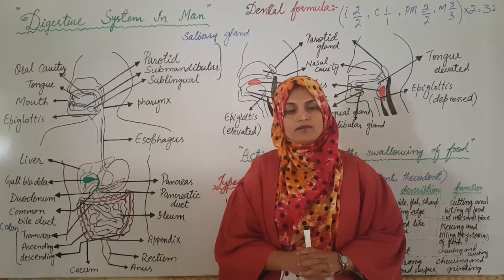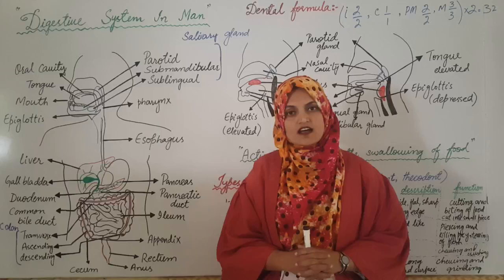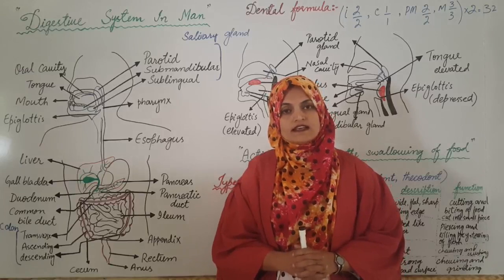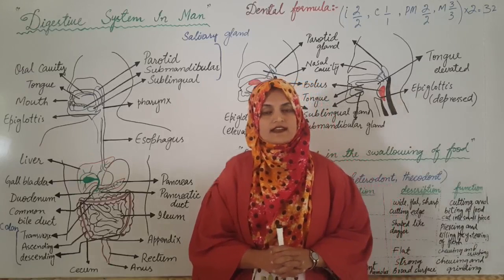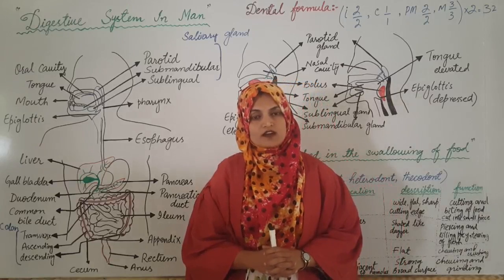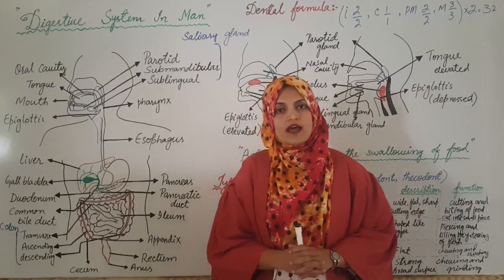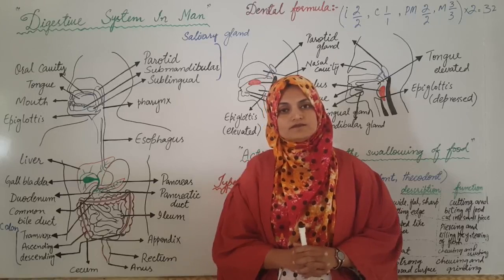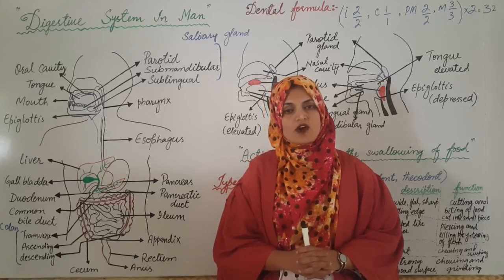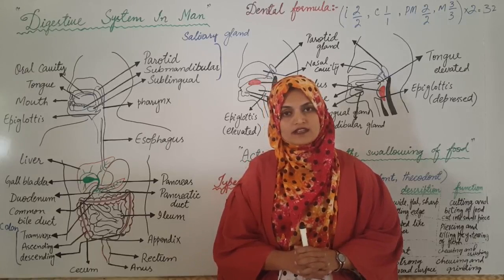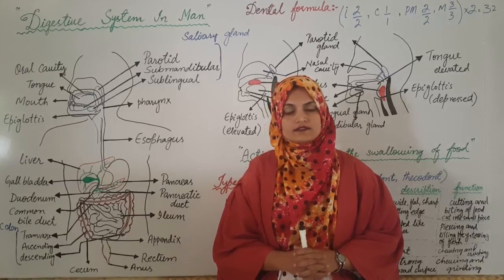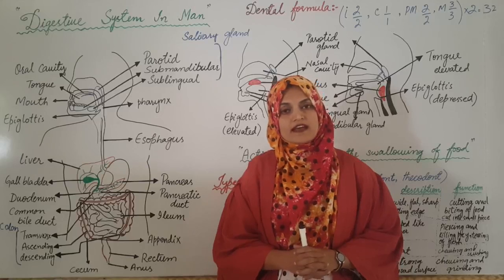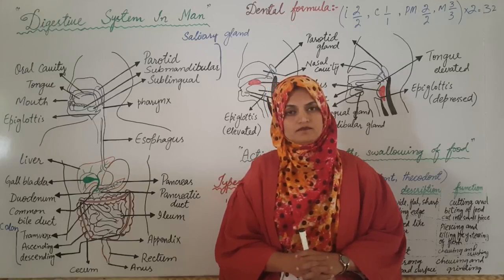Amylase helps to digest starch and converts starch into a disaccharide termed maltose, while lysozyme acts on the bacteria that come along with the food within the oral cavity and destroys them, making the food hygienic for the person.